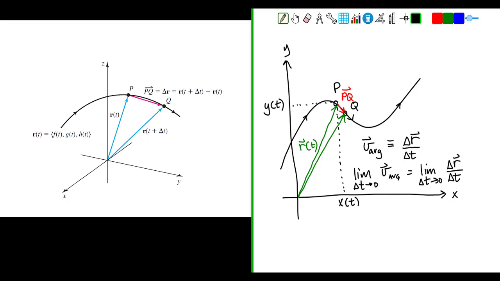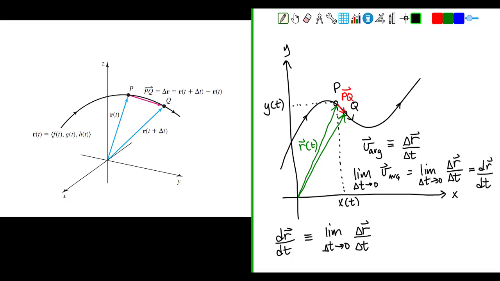Now, this is cool, because this now is just our definition for the velocity of a curve. We have now just defined the derivative of a vector function. The derivative of a vector function is defined to be the limit as the change in the parameter goes to 0 of our average velocity of our curve, which is just delta r over delta t.